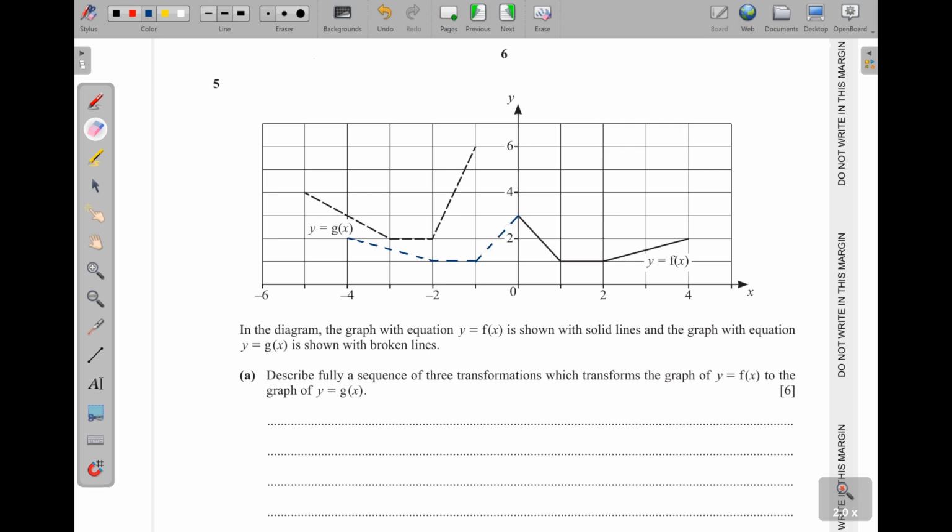Then the next one, we can now transform this one. There are 3. They said 3. That is the first one. Now we can see that based on how this one is, this one must have been shifted to the left. So suppose I shift this one. By the way, let me take this one as my first one here, reflection in y-axis.